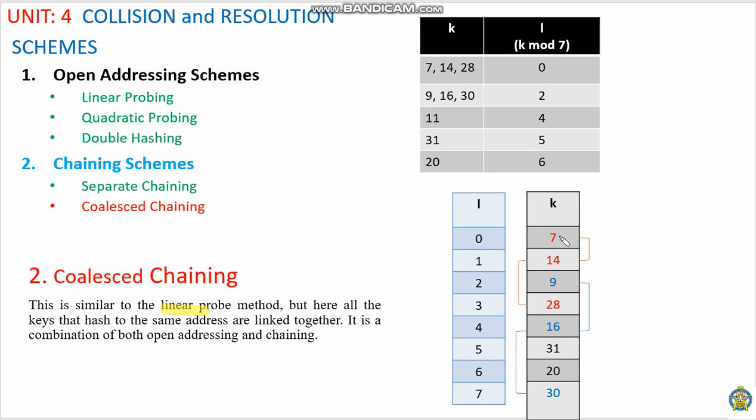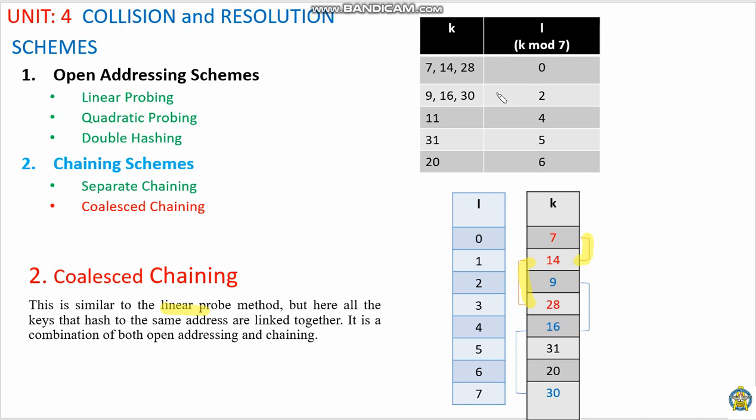For example, 7, 14, 28 hash to 0, which is occupied, so they occupy the next locations, but they are connected together using the chaining method. They are in the same memory, but linked together using the chain.